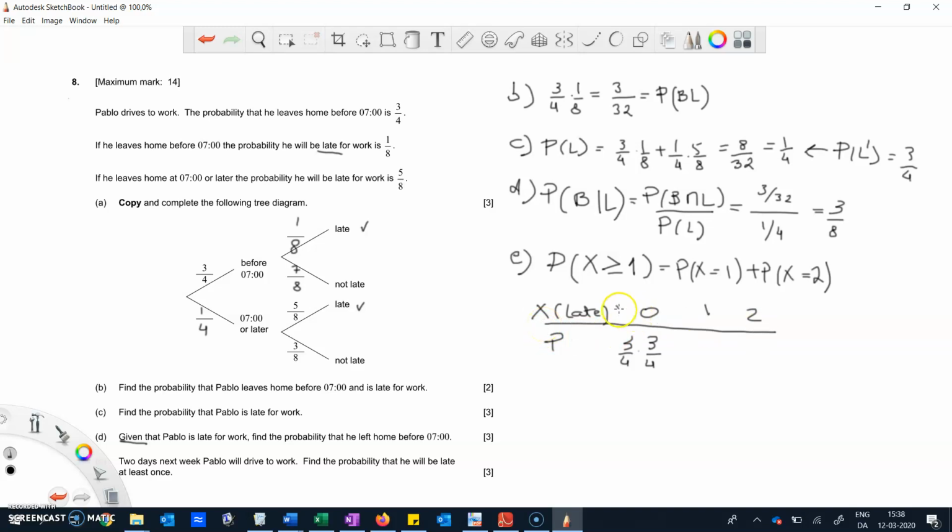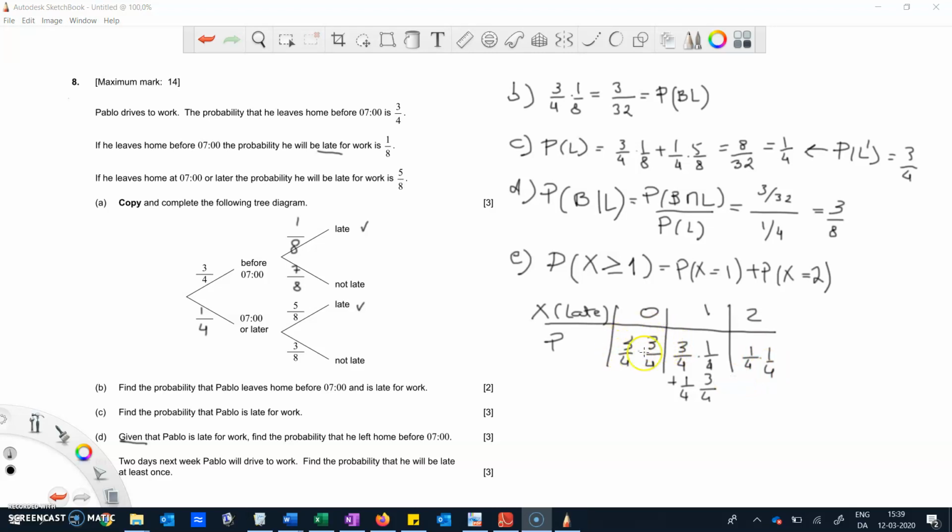While when we are trying to calculate the probability that he is late once, it could be the first time, so 1 over 4 times 3 over 4, plus the opposite, so that he is late the first time but is not late the second time. And then if he's late 2 times in a row, of course, this means that it's 1/4 times 1/4.